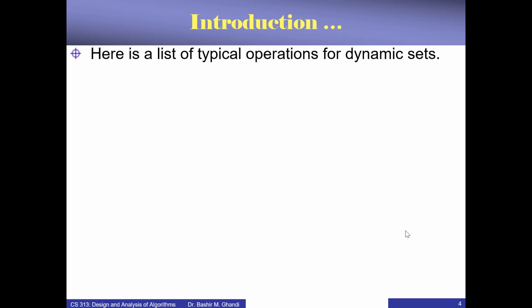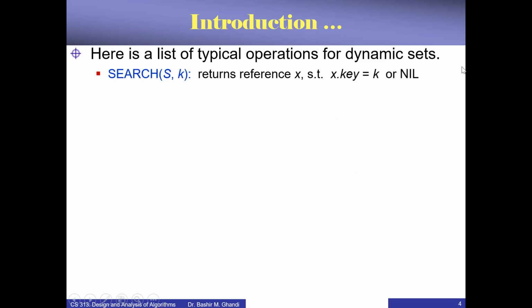Now here is a list of typical operations that are common to most of these dynamic sets. There is usually a search operation or method, where the search will take as parameters the dynamic set S and a certain key to search for in the dynamic structure.